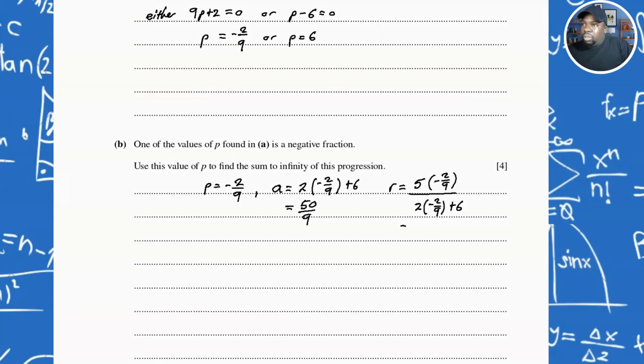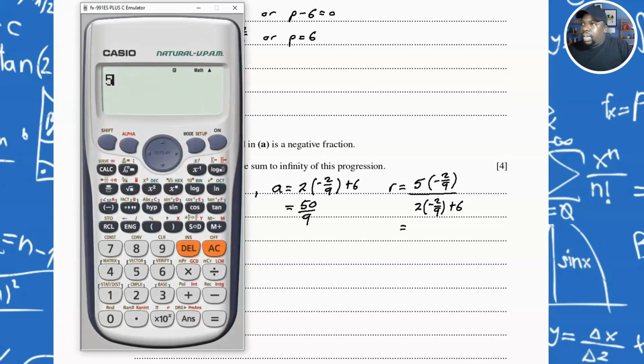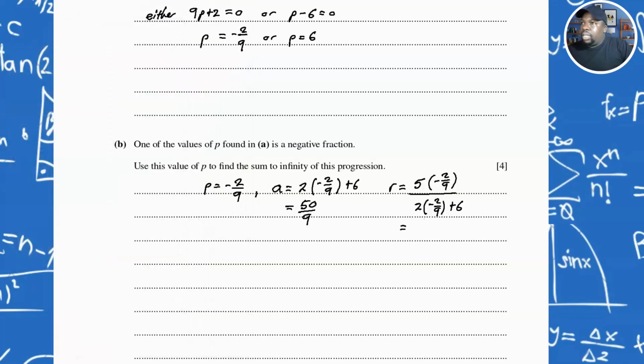All right, so essentially r is 5 of minus 2 over 9, and that's divided by 50 over 9, and that gives us minus a fifth. So we have minus a fifth here.